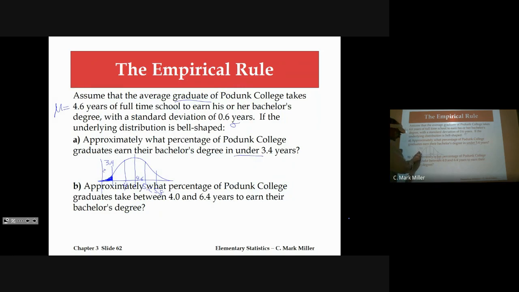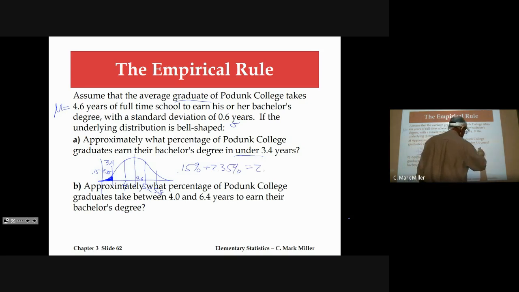There's 2.35 here and 0.15 here. So 0.15% plus 2.35% is 2.5%. That's the percentage who earn their bachelor's degree at Podunk College in under 3.4 years.